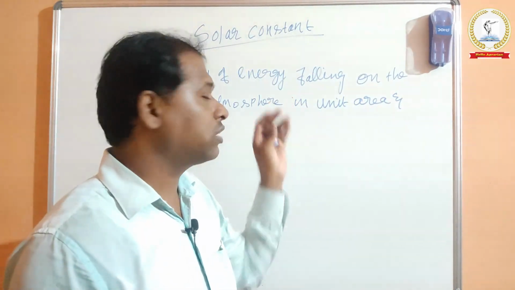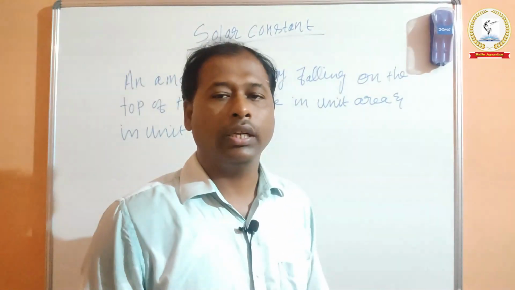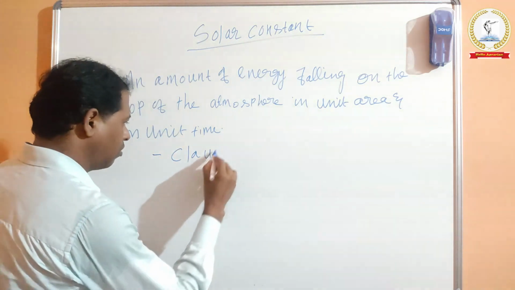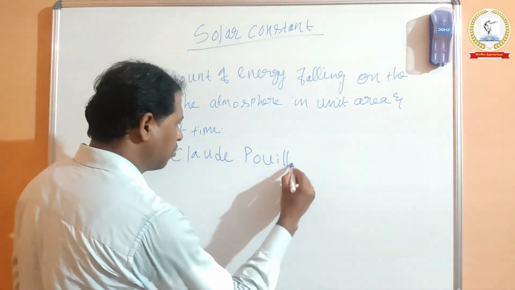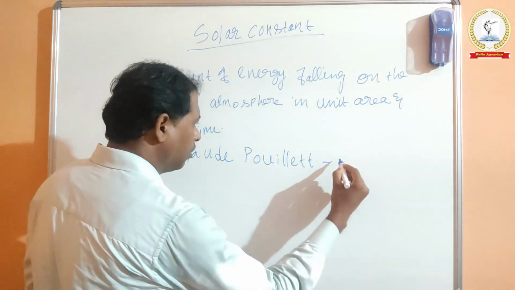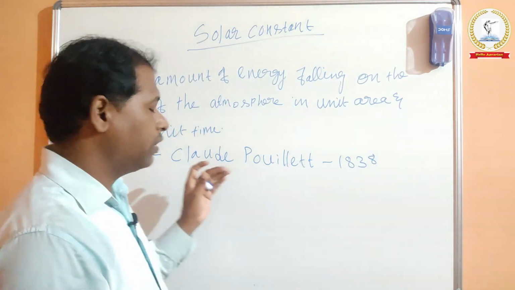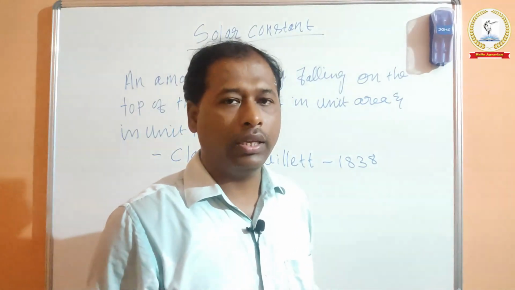This solar constant first time estimated by Claude Paulet in 1838. He was the first person who estimated solar constant in 1838.